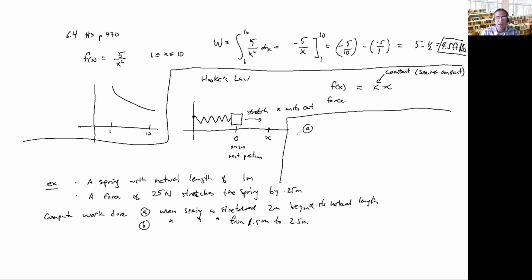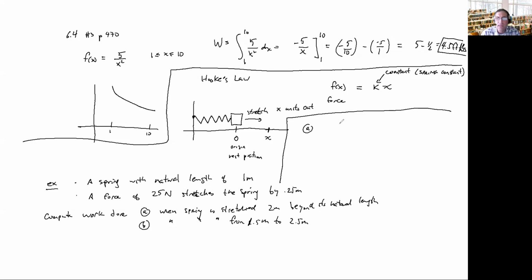So solution of A is, well, we first have to compute the spring constant. So how do we do that? Well, we're given something. We know that 25 newton forces will stretch the spring a quarter of a meter.